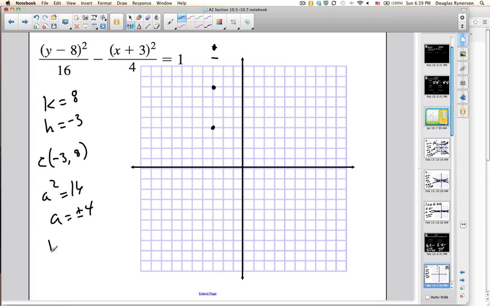I know that b squared is equal to 4, so b will be equal to plus or minus 2, and that's the distance I move from center right and left, 2 and 2. And now again I can make the box that will let me find my asymptotes.